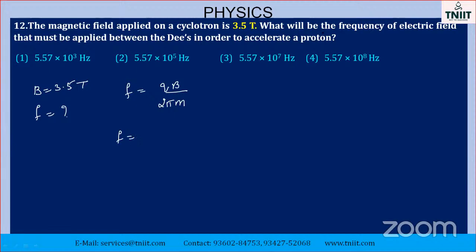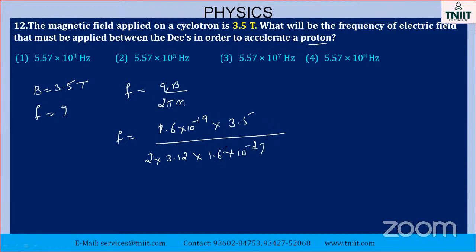Since it is a proton, the charge is 1.6 into 10 power minus 19. Magnetic field is 3.5. 2 into pi value is 3.12. Mass of the proton is 1.6 into 10 power minus 27. The 1.6 and 1.6 will get cancelled out.